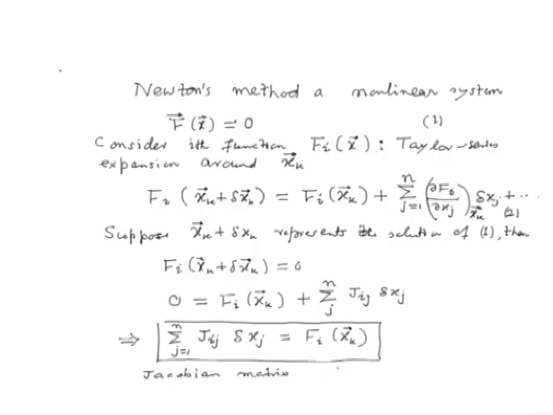The Jacobian matrix J_ij is defined as del of f_i over del x_j.